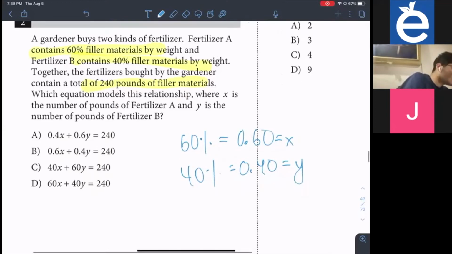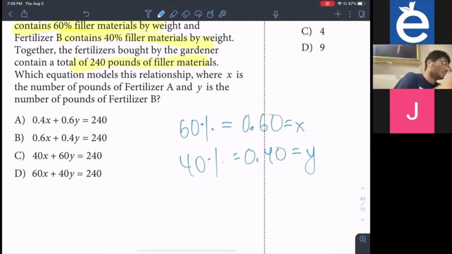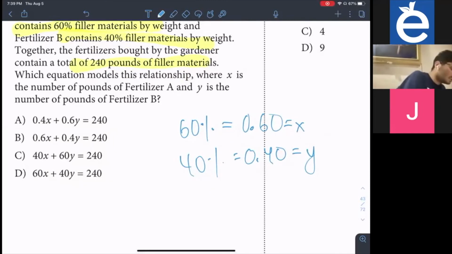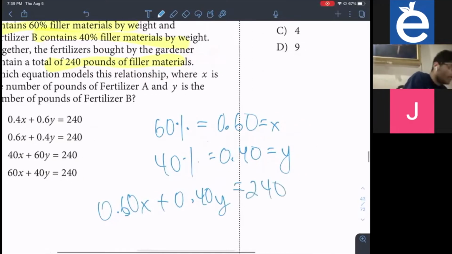And now they also told us that the total weight of filler material is 240 pounds, so we have to do 0.60X + 0.40Y = 240, which was stated in the question.